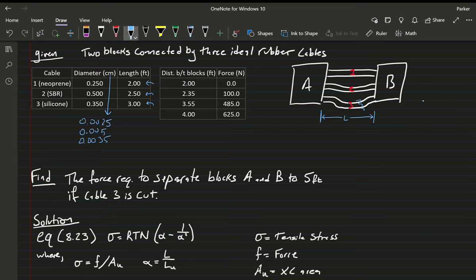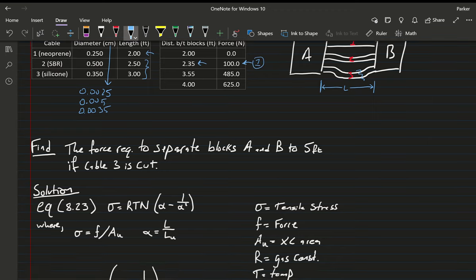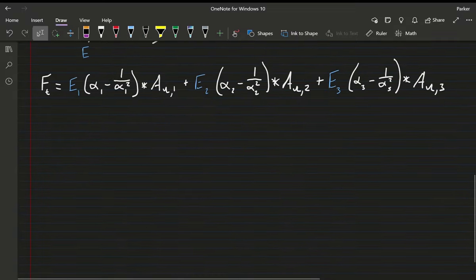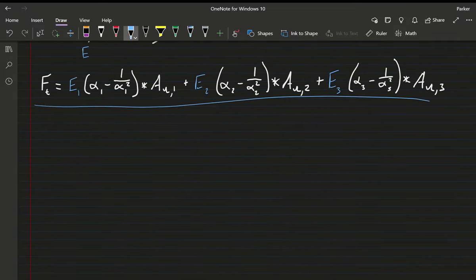So then, seeing that at 2.35 feet, we have 100 newtons, and since we go back to looking at these, you can see that these are longer, obviously, than 2.35 feet, which means that 100% of the force is going to be enacted on cable 1 in this instance. This lets us in on something really good that we can help start to solve this big equation.